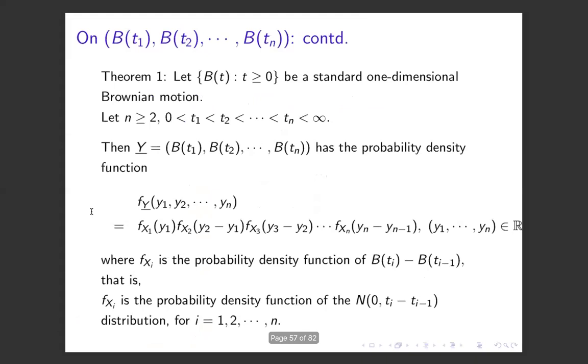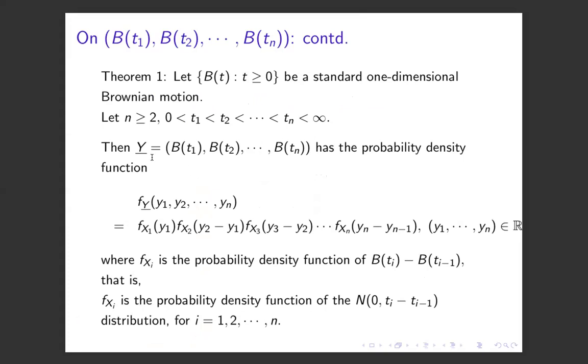Good morning, everyone. So this is the theorem which we had proved last class. Bt is the standard one-dimensional Brownian motion, and t1, t2, ..., tn are fixed time points in increasing order.